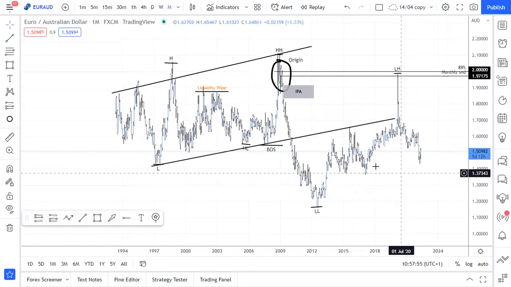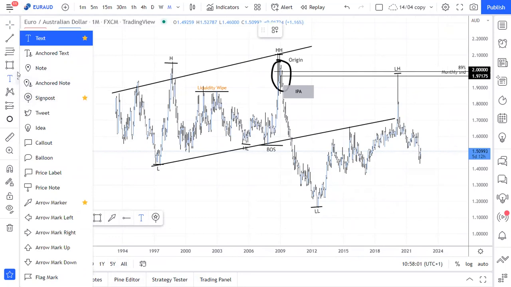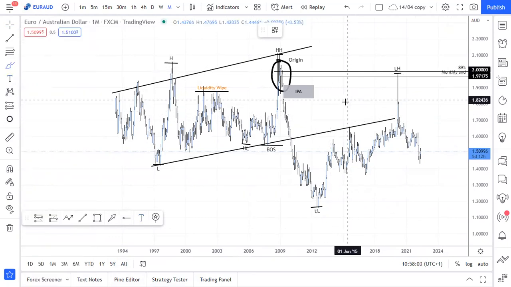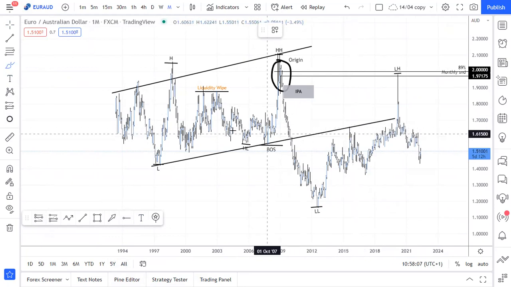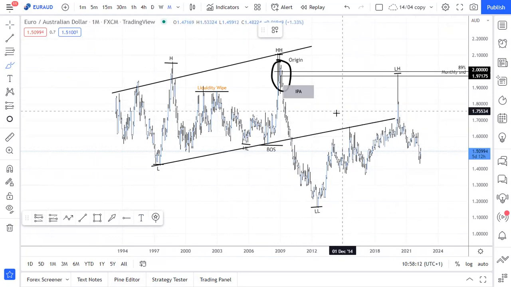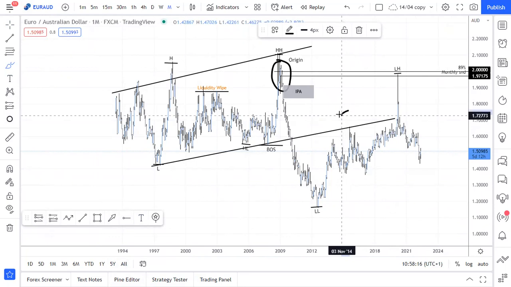So what we'll have now is retailers selling on this trend line. They might have had a support and resistance line along here. They might even have an EMA, like a double or triple zone.